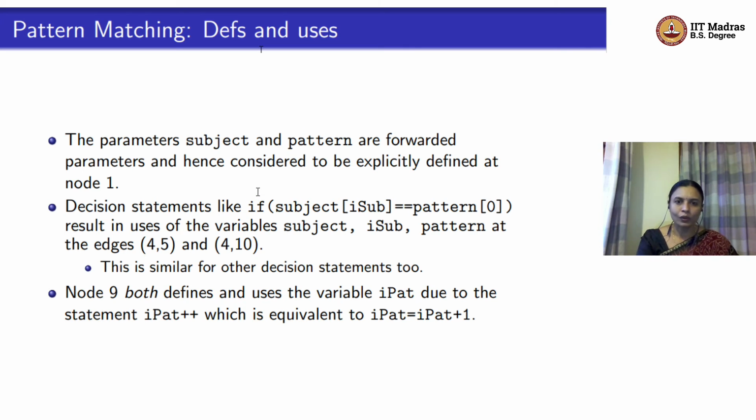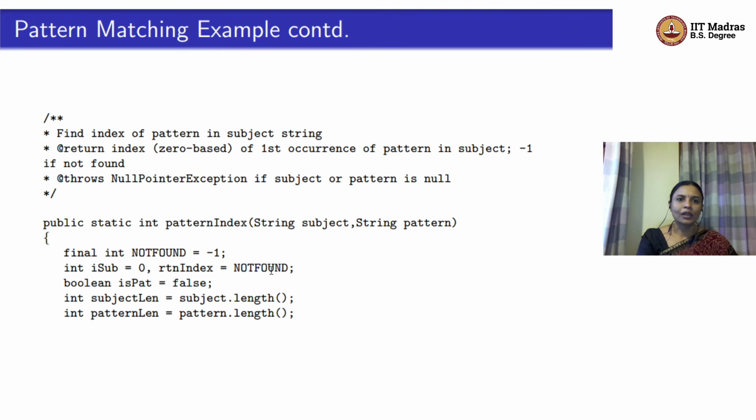So at the cost of going back, let me just explain what I mean. If you see here, to this method pattern index, what is being passed in this line? Subject is being passed, pattern is being passed. These are two strings that are being passed. That's the first node of this control flow graph, node number 1.